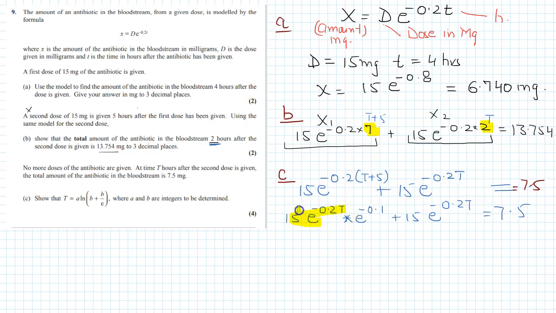This thing is common, so we can write this as 15 e to the power minus 0.2 t times e to the power minus 1 plus 1 is equal to 7.5.